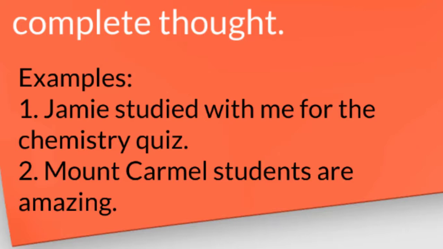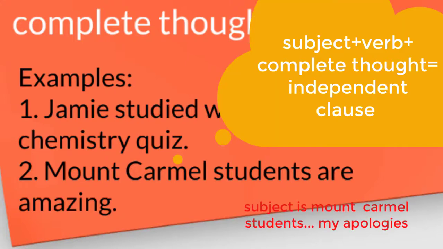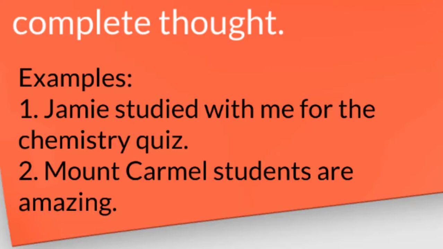The second sentence reads, Mount Carmel students are amazing. Is there a subject? Yes, Mount Carmel. There's a verb, are, and it can stand alone as a sentence. This is also an independent clause.